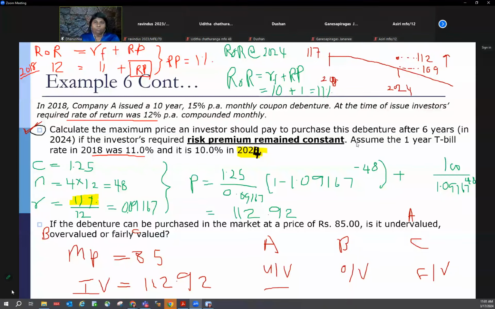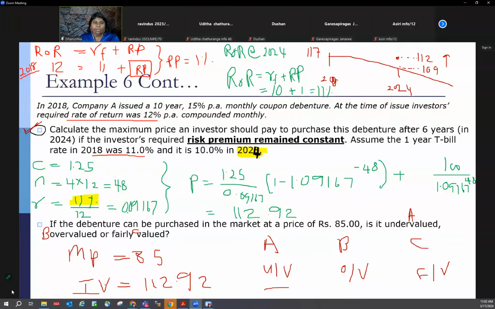Buy. You would buy it because it is undervalued. Because if you buy it at 85, it more than justifies the return that you want for the risk you take.